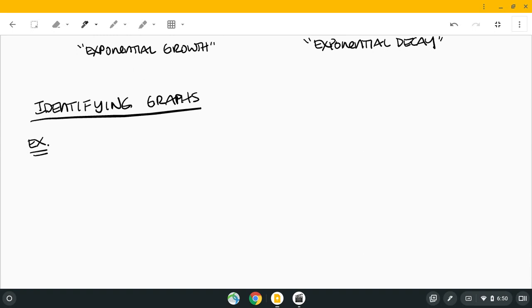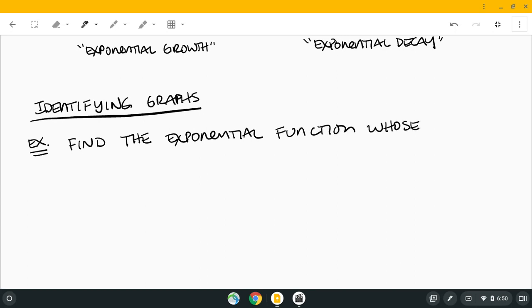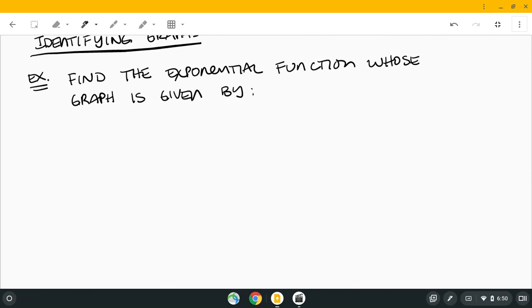Find the exponential function whose graph is given by this. I'll do one, and then I'll give you one to do.